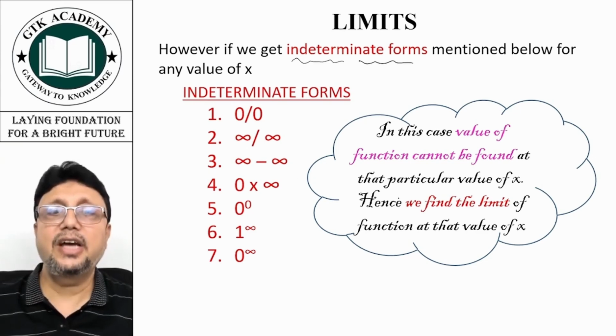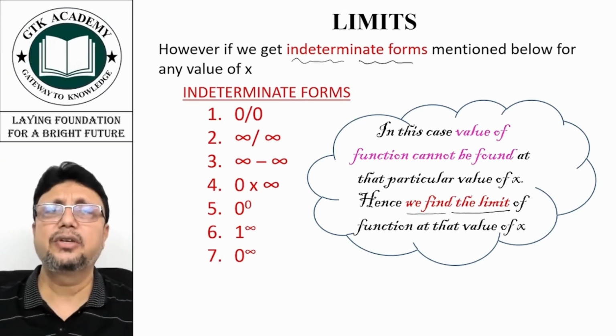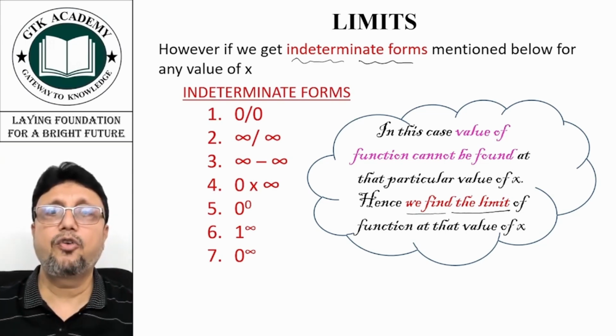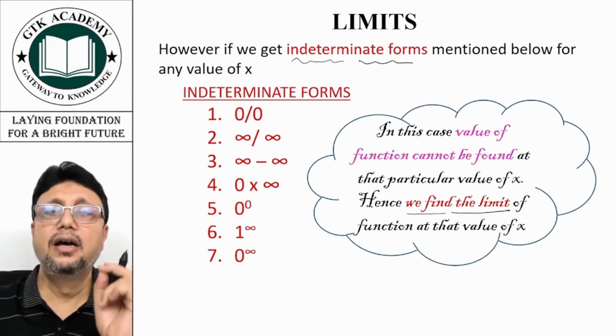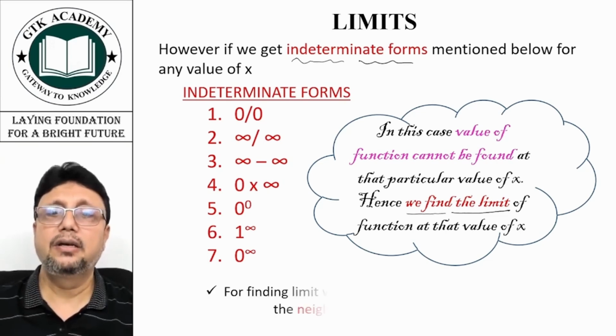So at that time we find the limit. Otherwise, we just find the value. But if we get these indeterminate forms, then only we find the limit. Now, what do we do when we find the limit?